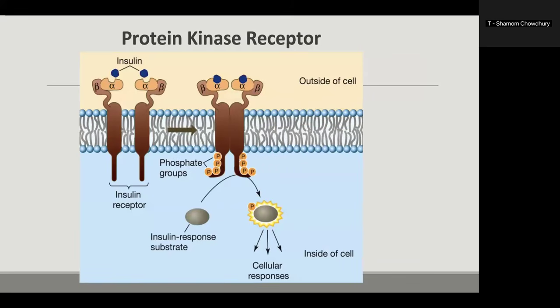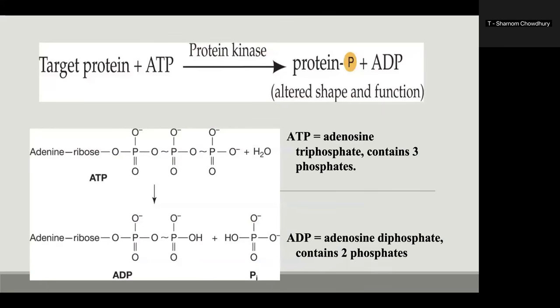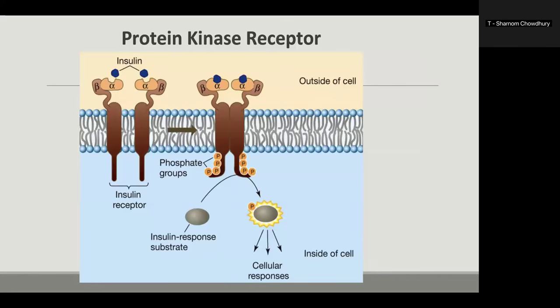Here's an example for an insulin receptor. Insulin can bind to an insulin receptor, and sometimes certain molecules are responsible for phosphorylating it, like we saw here. A protein kinase can sometimes be responsible for phosphorylating it, but sometimes receptor kinases phosphorylate themselves. This is known as autophosphorylation. So insulin binds to a protein kinase receptor, then autophosphorylation occurs, where the receptor kinase adds phosphates onto itself without the help of any other molecules.